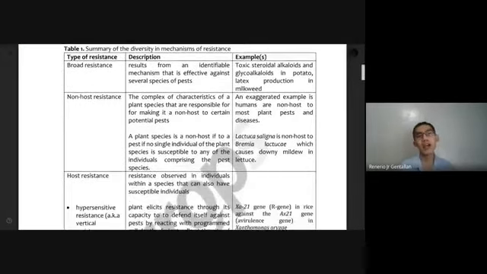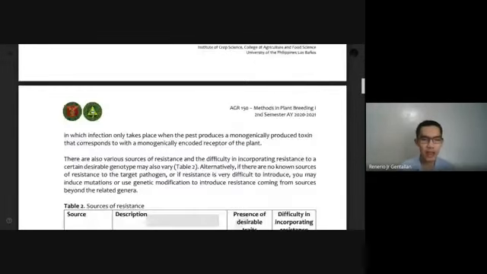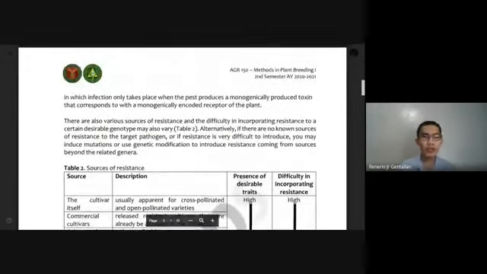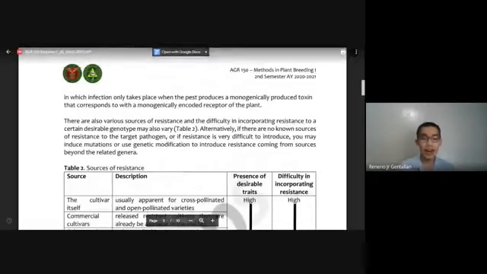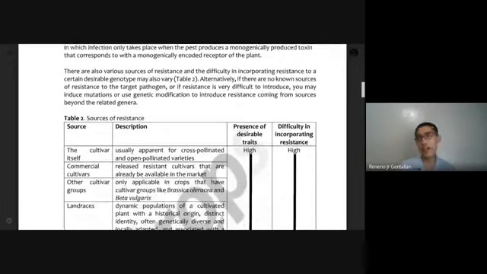So that is how to go about this module. After which, we also describe the various sources of resistance. As discussed, you need to identify the sources of resistance and how to incorporate them as an objective, right?